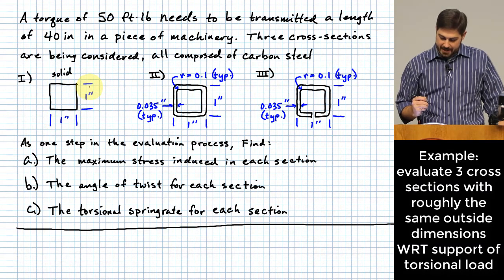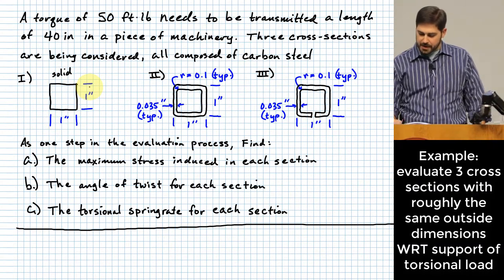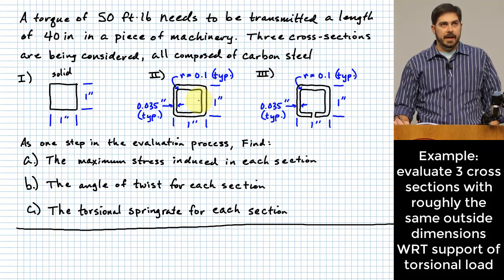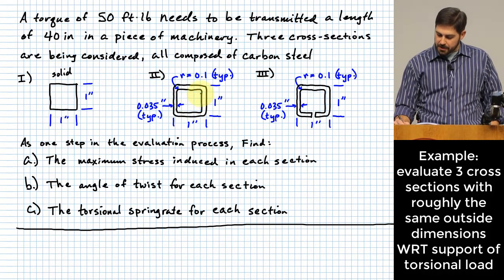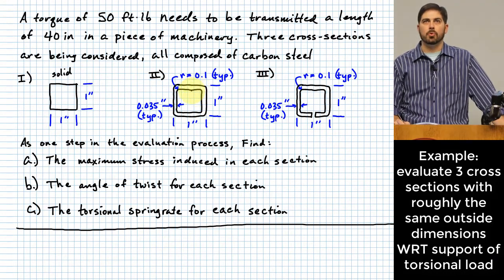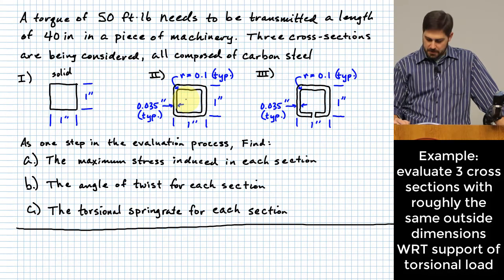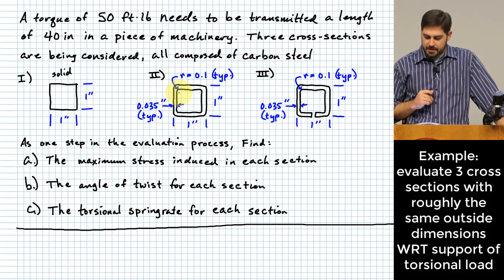Another idea is that we could use a closed square cross-section, and whenever you have this type of cross-section, it is very common for the corners not to be perfectly squared. It's very common for them to have rounded corners on them. And so this one has rounded corners such that the inner radius is 1/10 of an inch.